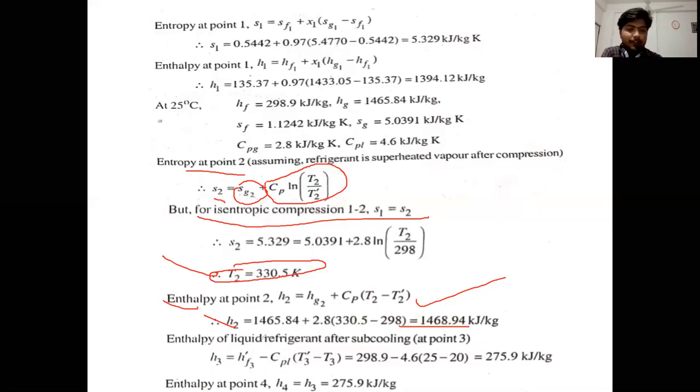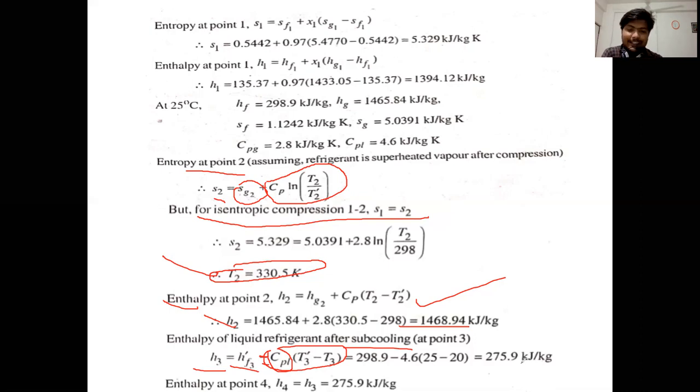Now enthalpy at point 3, that is the subcooling process. So H3 is Hf3 minus Cp times the temperature difference, because the enthalpy is less than the saturated liquid line. That's why we put minus Cp, the specific heat of liquid, because it's a liquid phase. We use the specific heat of liquid corresponding to 25 degrees.